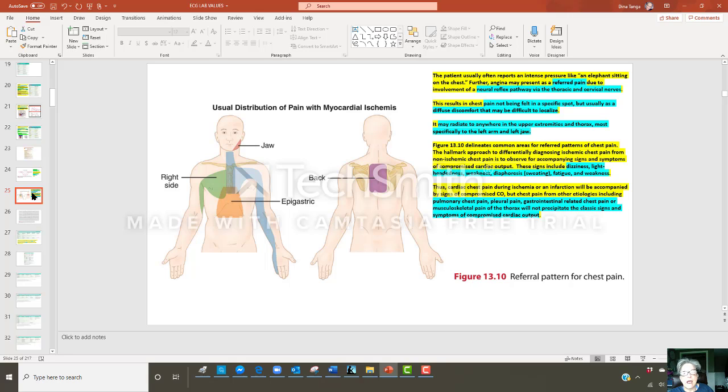So, if the patient is having radiating pain from the upper extremities, the thorax, through the left arm, on the left jaw, but they also have dizziness, lightheadedness, weakness, diaphoresis, and fatigue, you probably want to call 911.